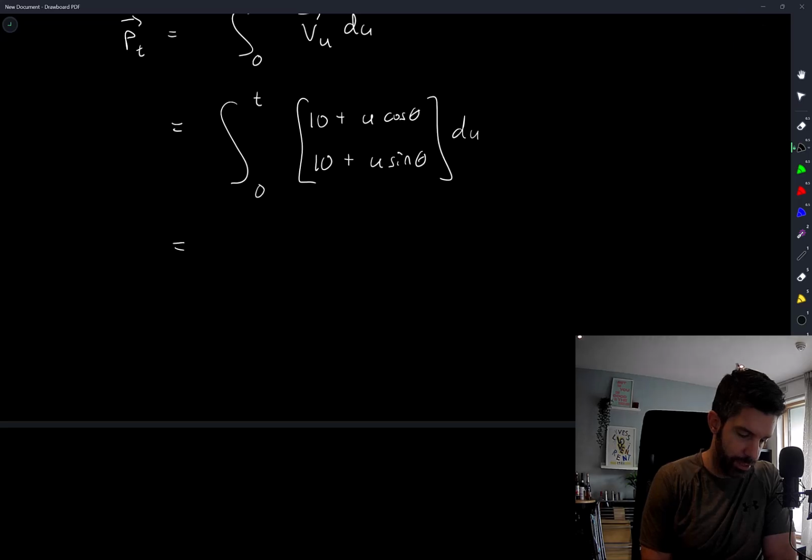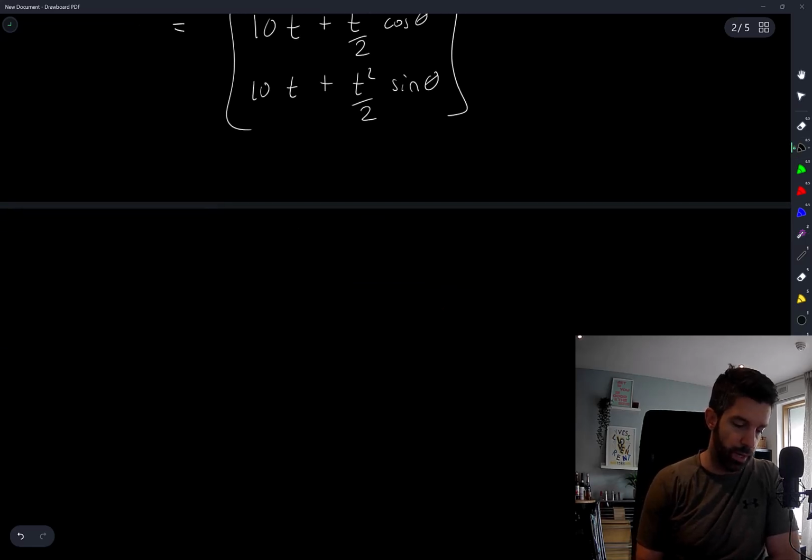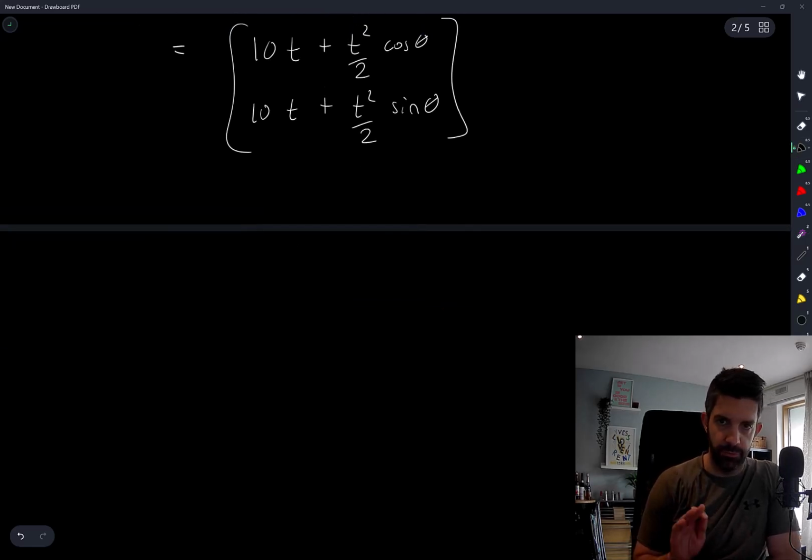So in the x direction, we've got 10t plus t squared over 2 cosine theta, and 10t plus t squared over 2 sine theta in the y direction. Okay, so this is the position of the particle as a function of t for any angle that the acceleration goes through. And what I want is for this point to eventually intersect the point 50, 100.